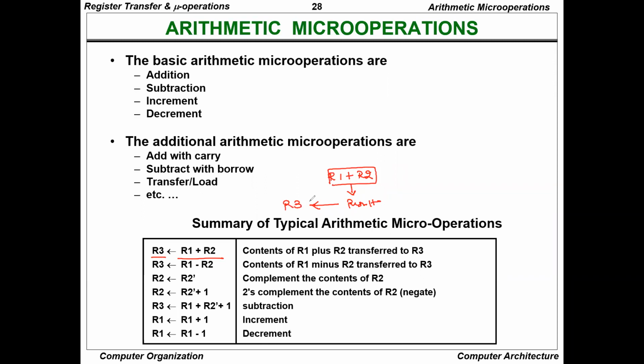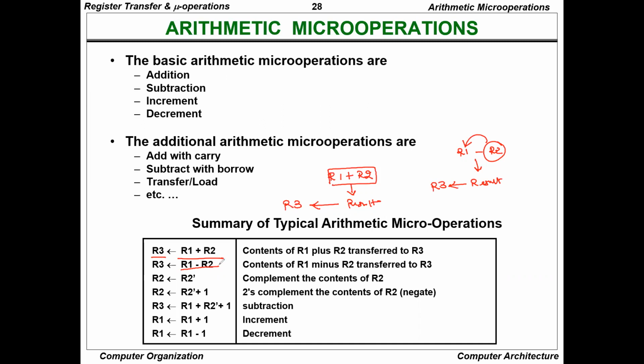So I hope this is very easy for you to understand. The second one is the subtract. Okay, so that means we are going to subtract the contents of R2 from the contents of R1, and whatever is the result, that will be transferred into the register R3.